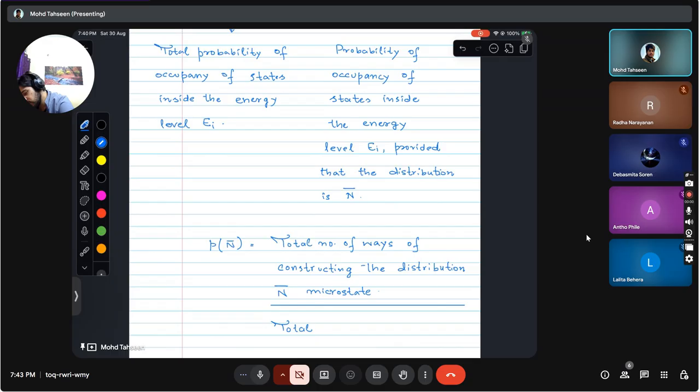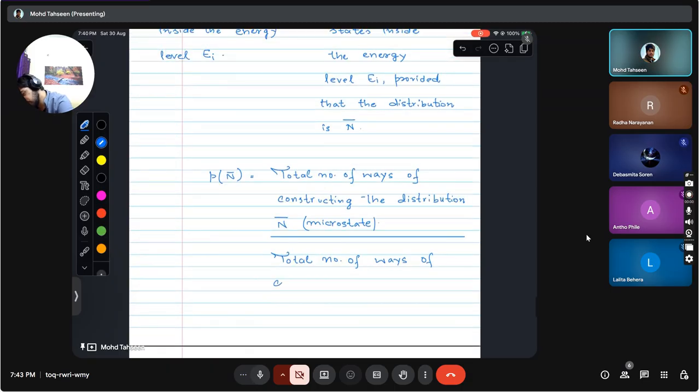Divided by the total number of ways of constructing all possible distributions.